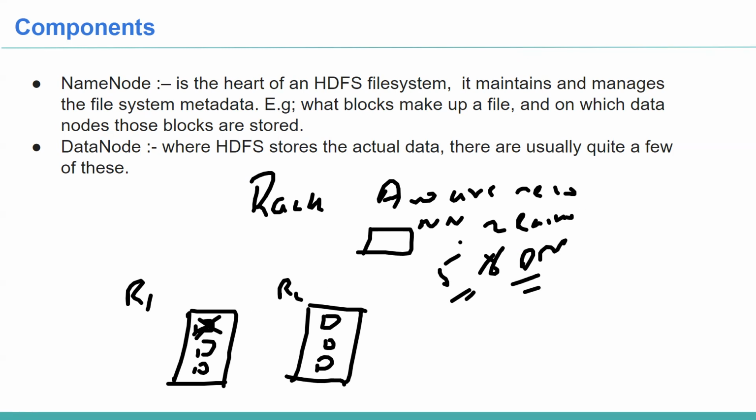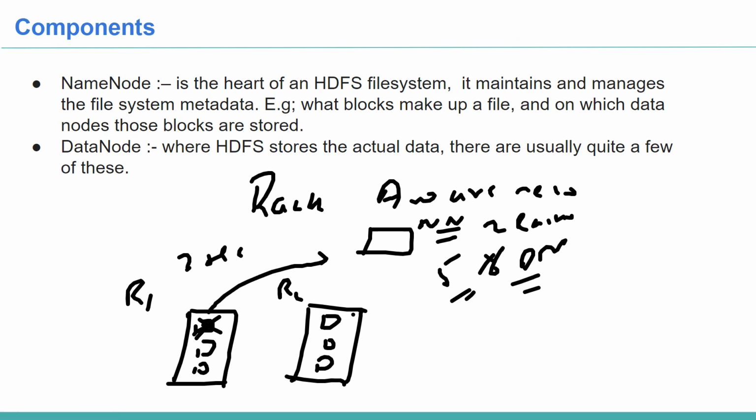Now, how does Namenode come to know that this data node is down? These are connected systems, but how does it know that this particular node is down? So the idea is, Namenode expects that every 3 seconds there is a heartbeat that will be sent to it.